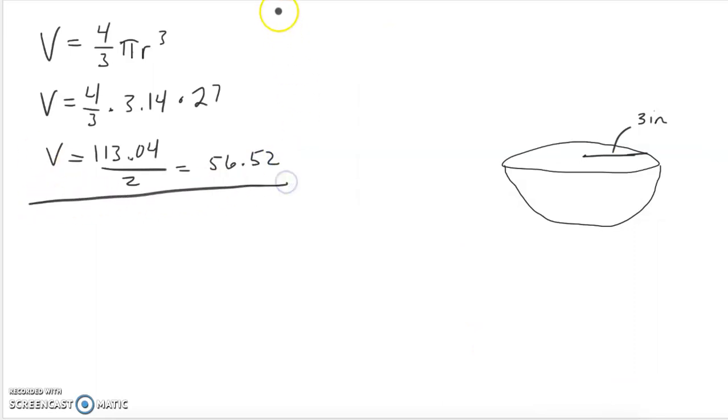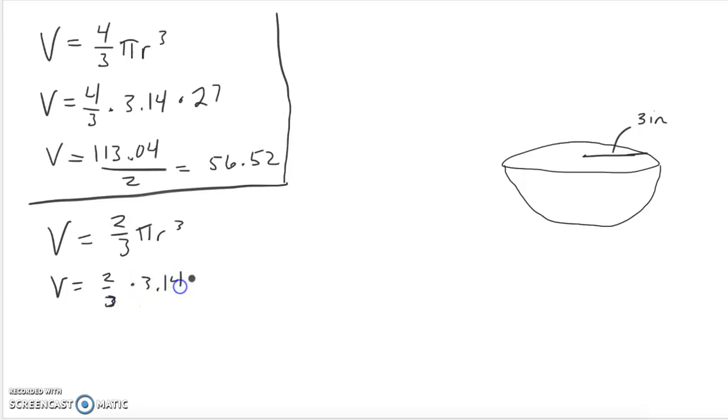The other way we can do it is to change the formula around. Since we're finding the volume of something that's half the size, instead of 4/3 we could just do 2/3 pi r cubed. So volume equals 2/3 times 3.14 times 27.